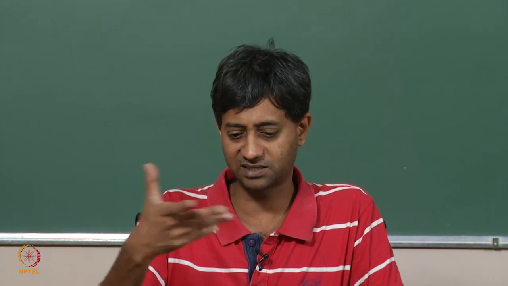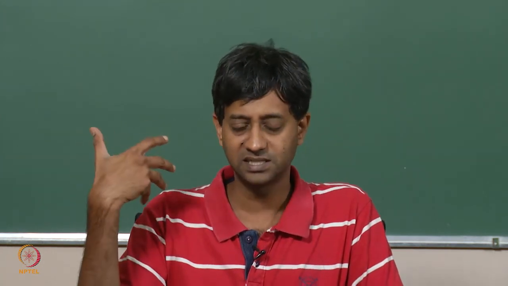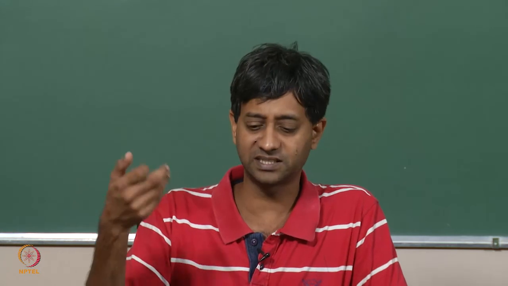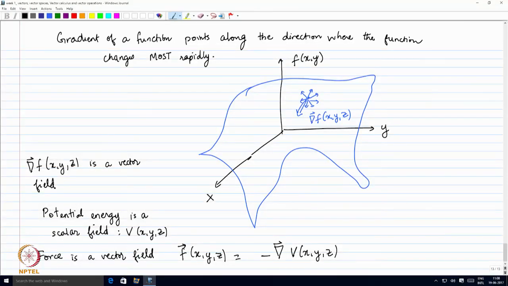If you have a system which is not homogeneous, then the potential energy will be different everywhere, and the force will be different depending on where you are, and the force is nothing but the negative gradient of the potential. So, this is probably the most important application of gradients in physics and chemistry, and we will see some applications of this.